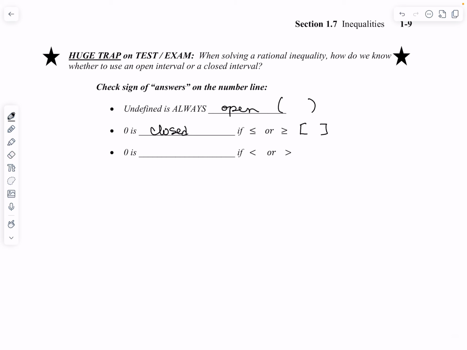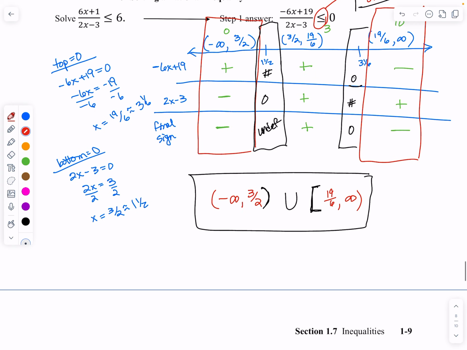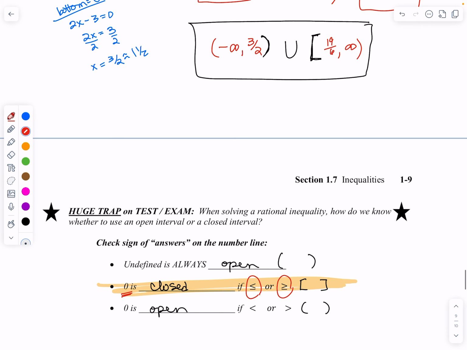So if you have a 0 but you don't have an equal, then it's open, or another way to say that is parentheses. So basically, the only way that you are going to get a bracket is if you have an equal to mark and you have a 0 right there. Okay. All right, so that is the end of section 1.7.